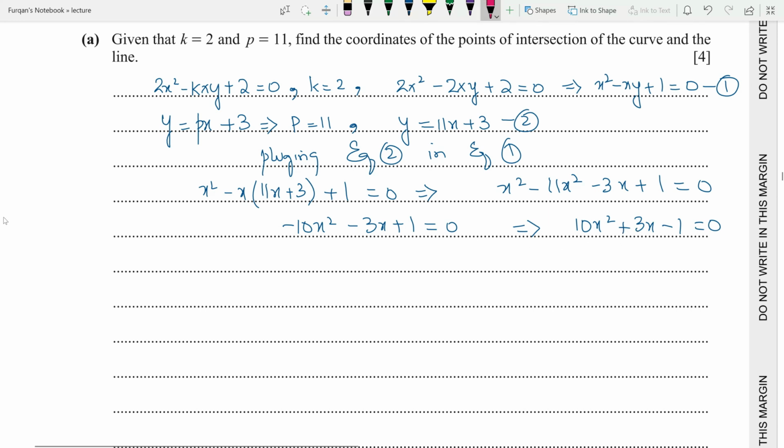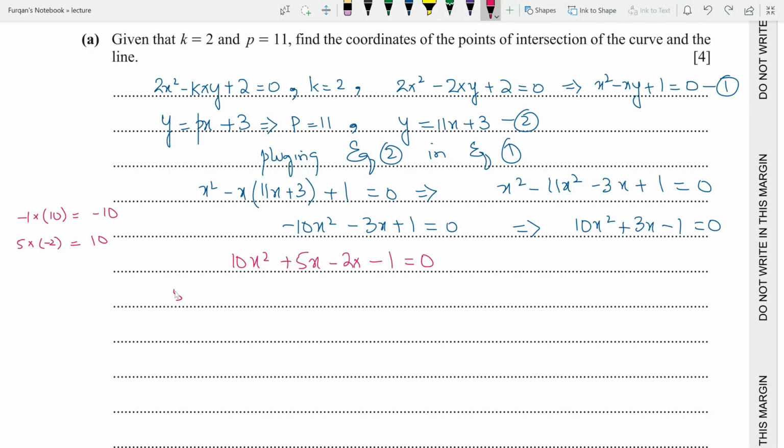In this case, −1 times 10 is −10, and the middle term is +3, so 5 times −2 gives −10 and 5 − 2 = 3. So the equation becomes 10x² + 5x − 2x − 1 = 0.